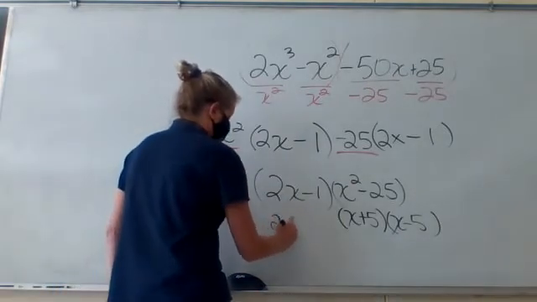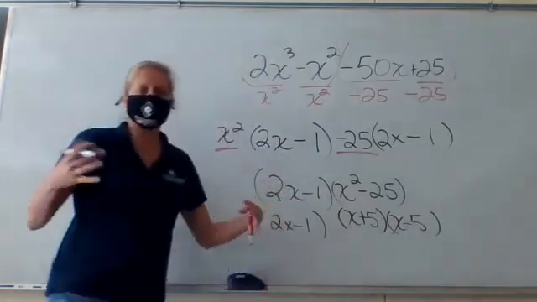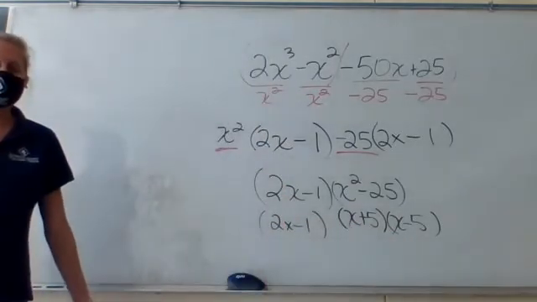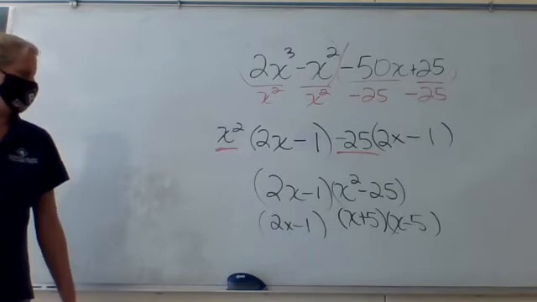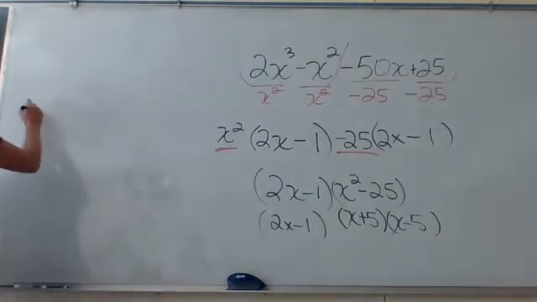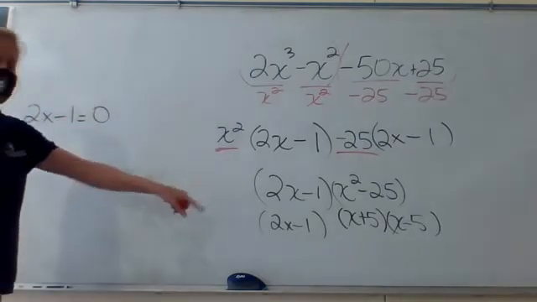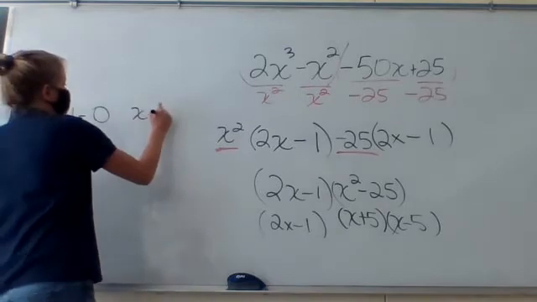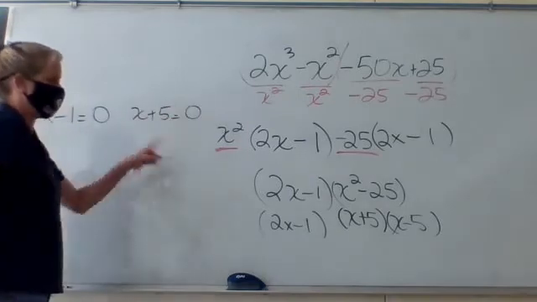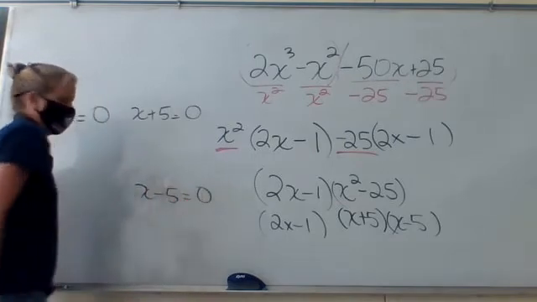Let's drop this one down. So now I have nice, neat factors. That's where your zeros come from. What are your three factors that you see? You see 2x minus 1. So I'll set it equal to 0. x plus 5, I'll set it equal to 0. And x minus 5, I'll set it equal to 0.